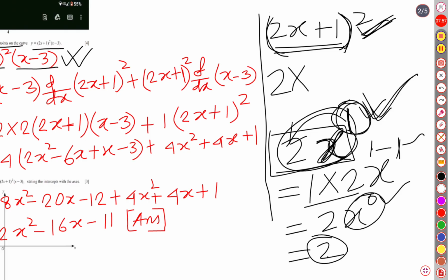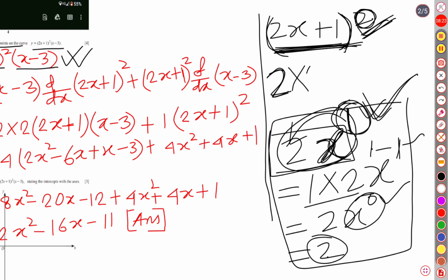Once again we are going back to the whole function. As the key point for the derivative is always the exponent, it should be written at the beginning for multiplication. So we have written this 2 for multiplying. Then we look at the inner function, which is 2x. We have already shown that the derivative of 2x is 2, so we write this 2. After that we write the whole function, 2x plus 1.